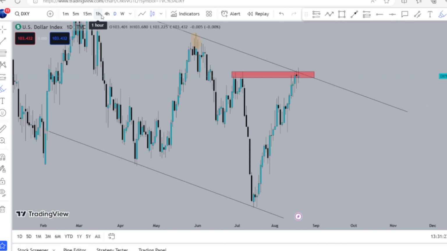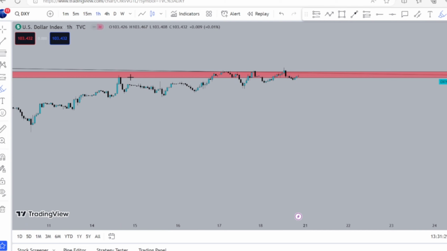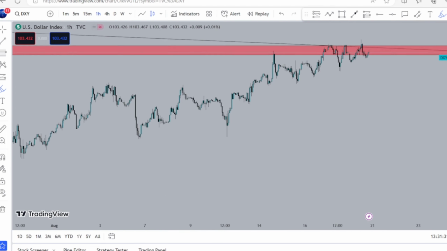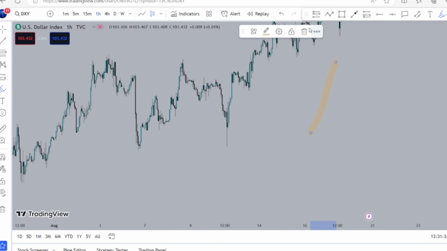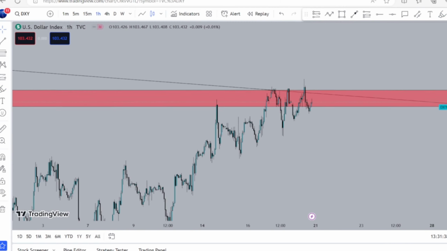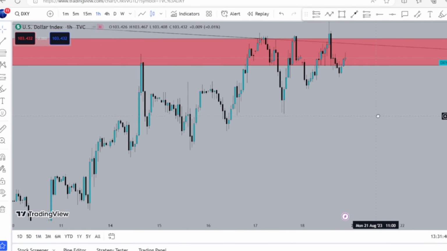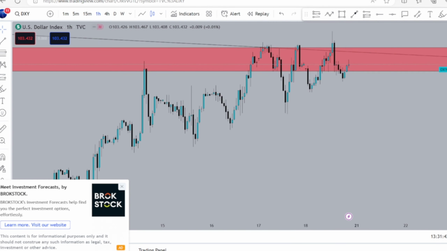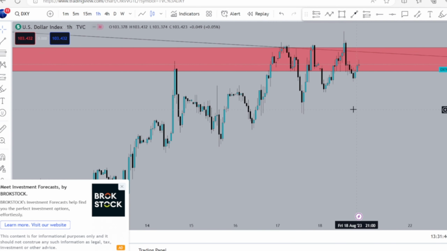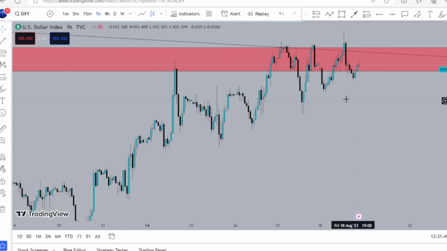I go down to my 1 hour to see some kind of a pattern on that resistance zone, right? So I can clearly see the rising wedge. Yes, I think it's a reversal pattern.